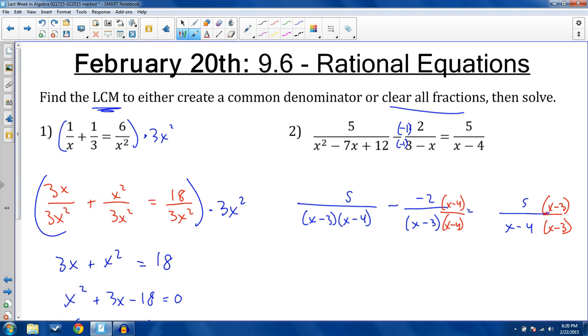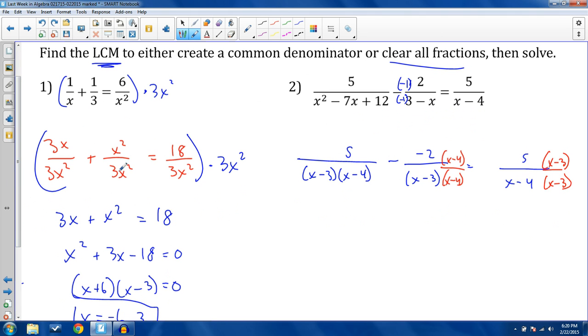Once you have that, remember the second step that I wrote, over 3x squared over 3x squared? You don't have to do that anymore in this scenario. Remember, because this is an equation, we're not dealing with that stuff anymore. I'm just going to be looking at the top now. I'm going to completely ignore this now that we have lined up everything as we need to. So I have 5 minus negative 2 times x minus 4 equals 5x minus 15.